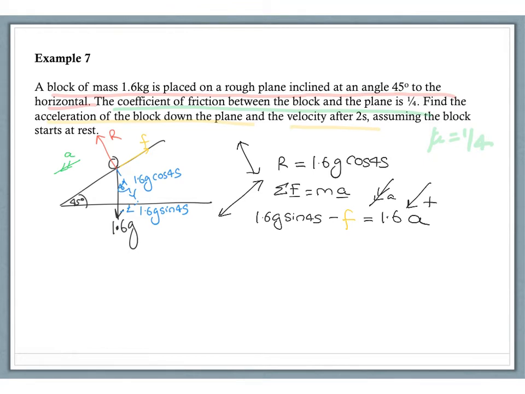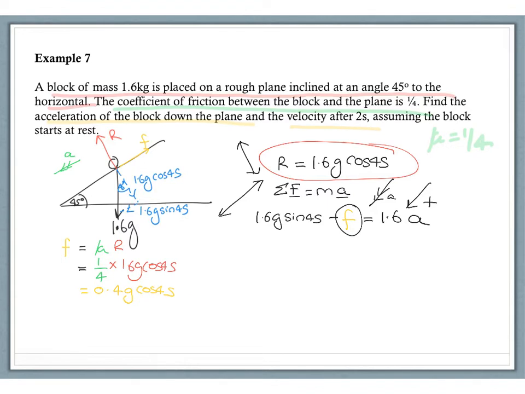We now have to work out what the friction is, which we can do using F is equal to mu multiplied by R. So the friction must equal 1/4 multiplied by the reaction force, which is over here, 1.6g cos 45, which gives us a frictional value of 0.4g cos 45, which we can substitute back in here.